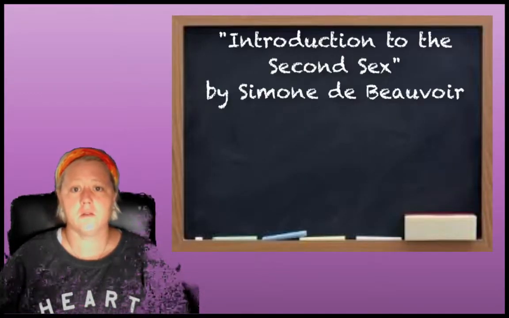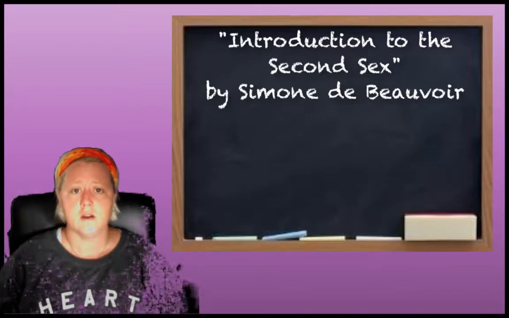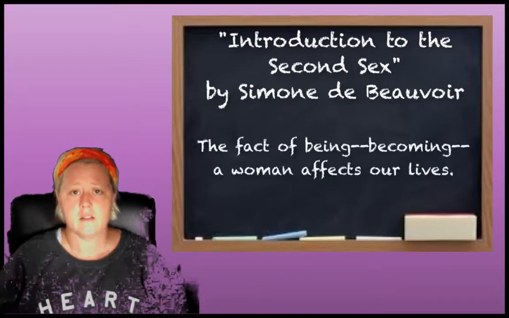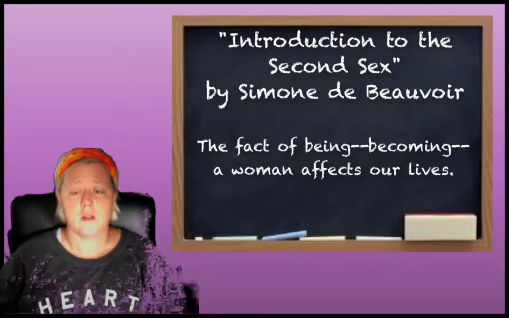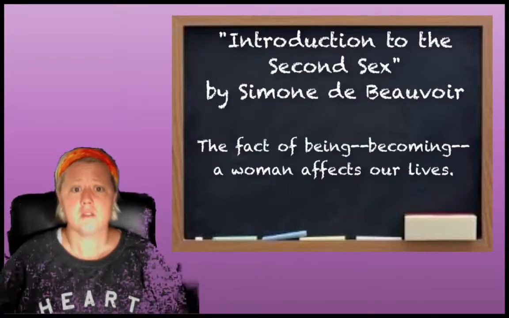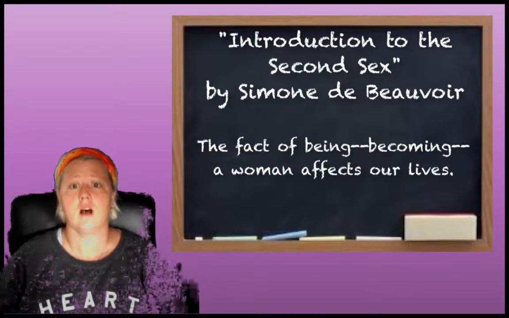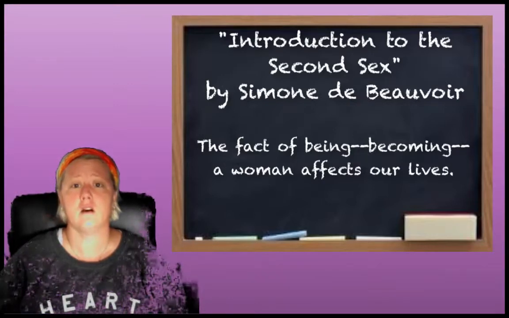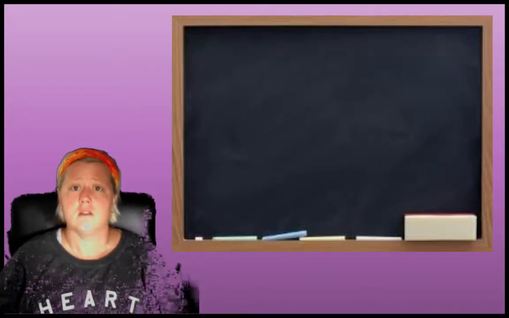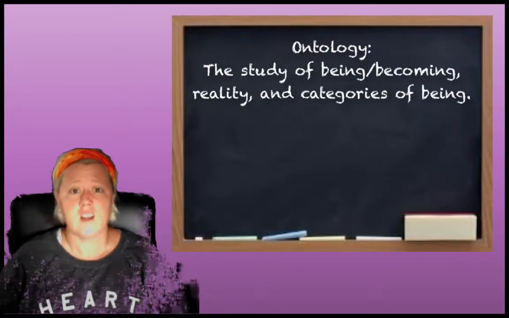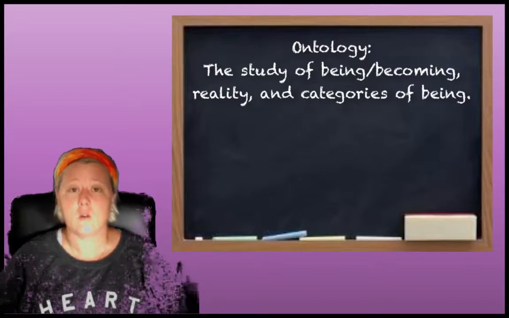Okay, so de Beauvoir is trying to argue here that the fact of being a woman affects our lives. In order to undermine oppression, women must become subjects to change the social ontology that is at the basis of the way in which we form our identities. Ontology means the study of being, categories of being.